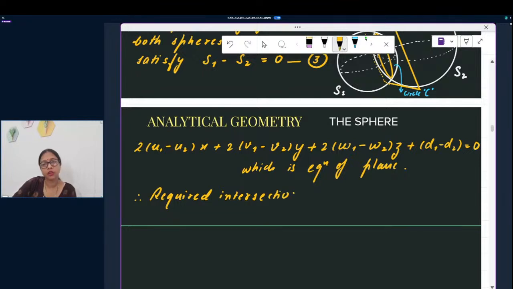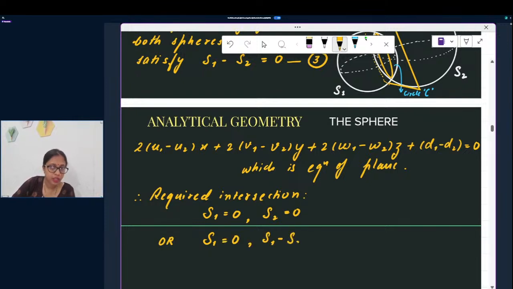Basically, I have to refer to that circle C, no matter how I write the equation. One way of writing it is obviously to mention two spheres, S1 equals 0 and S2 equals 0. That is one possibility. Or you can write one sphere and another plane, the intersection of S1 and the plane, or the intersection of S2 and the plane.